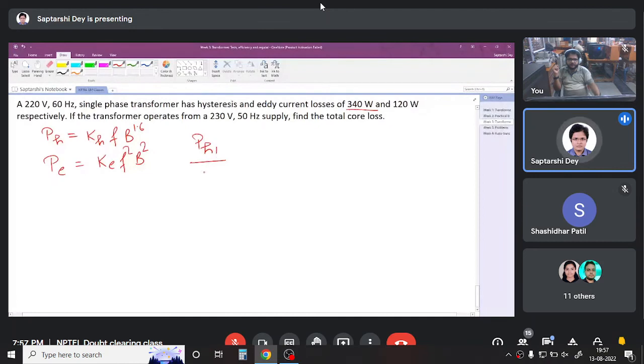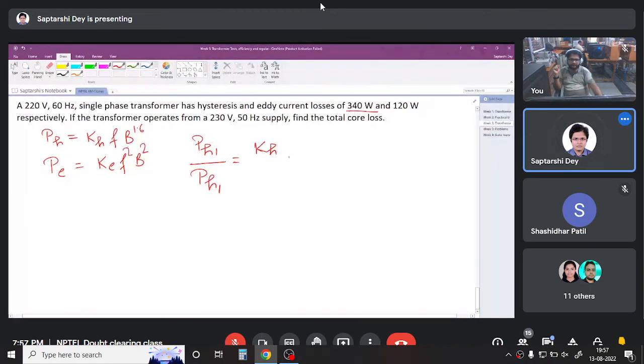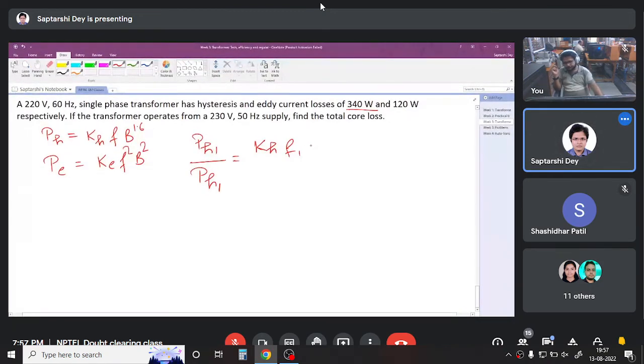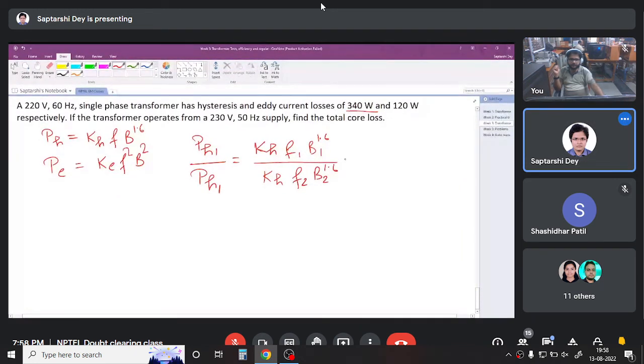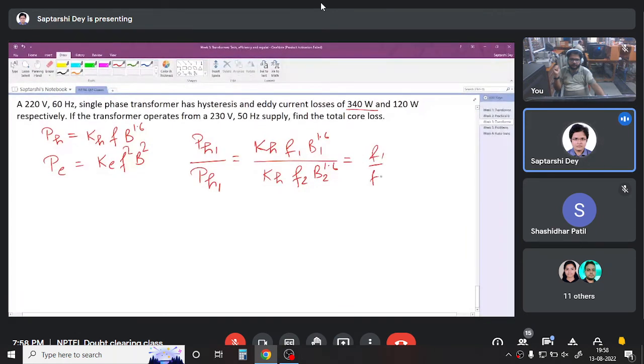The hysteresis loss in first case divided by hysteresis loss in second case equals KH F1 B1 to the power 1.6 by KH F2 B2 to the power 1.6. KH does not change. It's a material property. So we have F1 by F2 times B1 by B2 to the power 1.6.